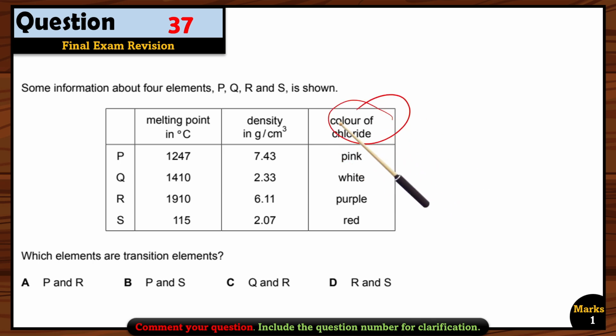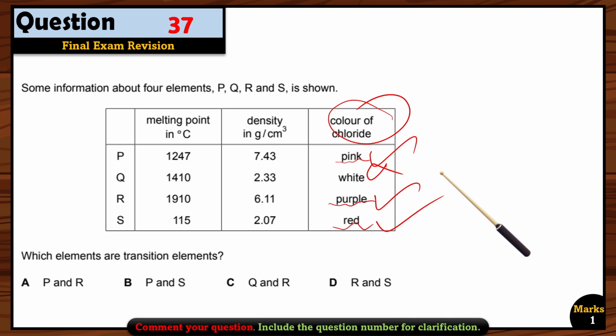Whenever transition metals make a compound, it will always be colorful. So transition metals always make colorful compounds. If you see the chloride, the transition metal that makes the chloride salt, what will be the color? It should be colorful. So pink, purple, red. This option is right. We have to exclude this option. Option B is wrong.